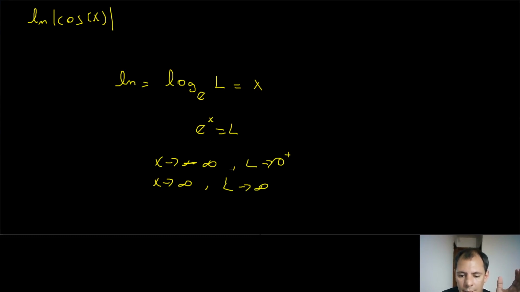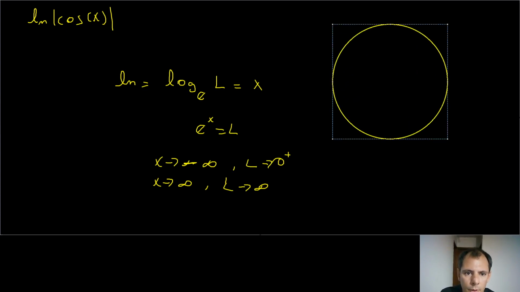Okay, so you can see that L is always going to be positive. But the cosine of x sometimes is negative, okay? The cosine from 90 degrees all the way to 270. For guys that don't know what I'm talking about, let's say this is the 0 degree, right?